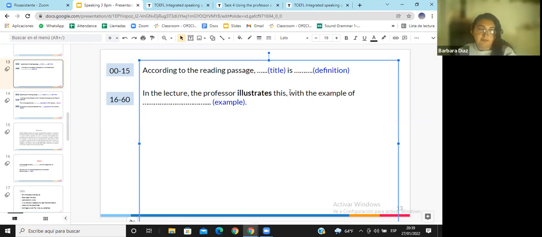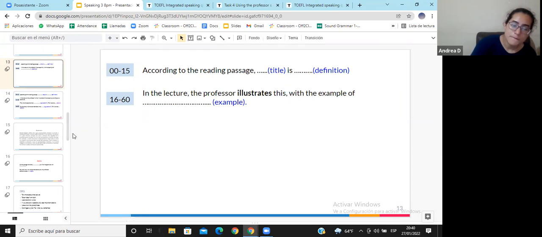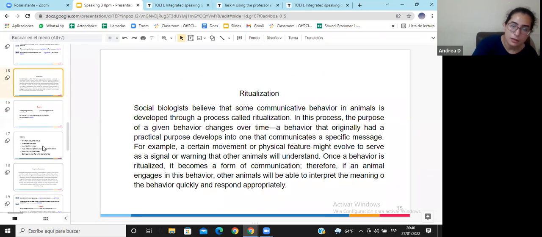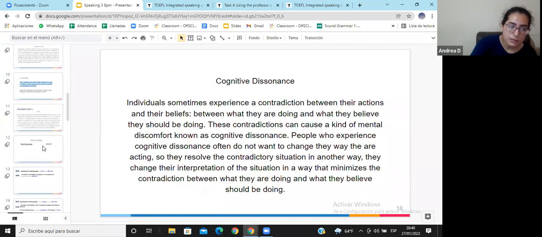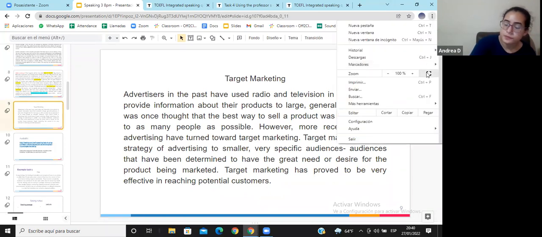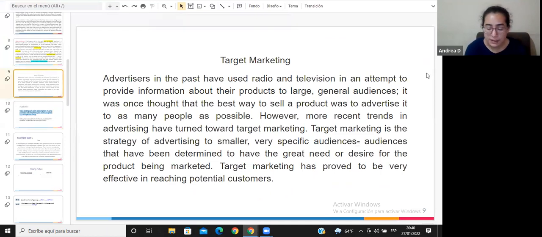Okay, guys. So now let's practice. We're going to do the business one first. Here we have the reading part. You guys will have 50 seconds to read. Remember, title, topic, and definition.